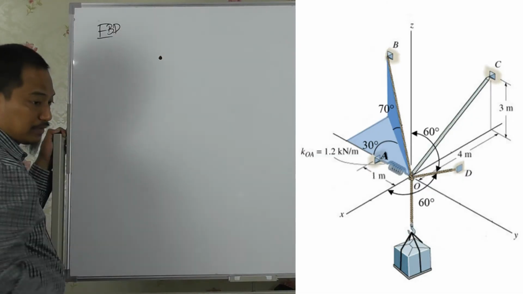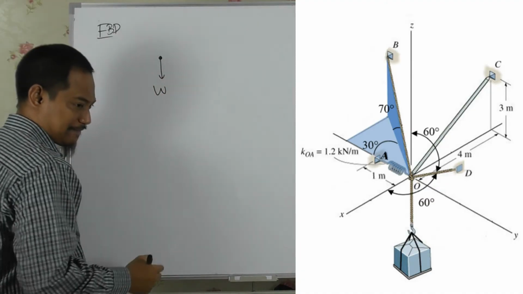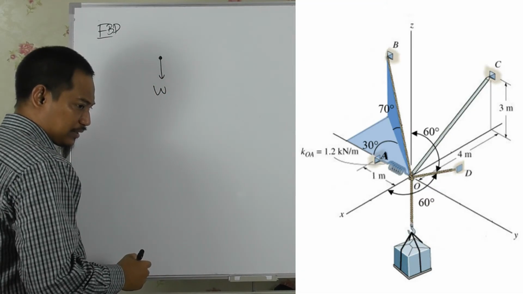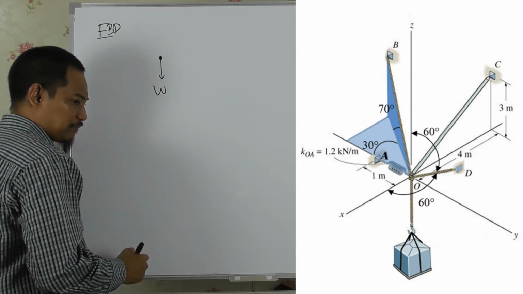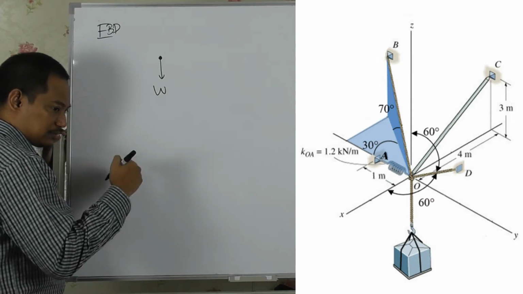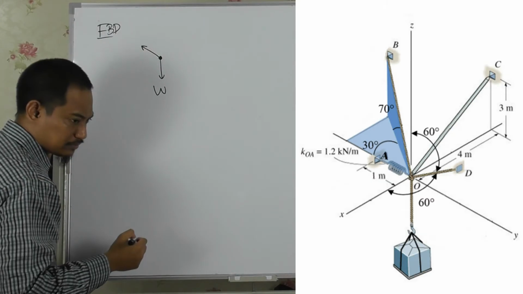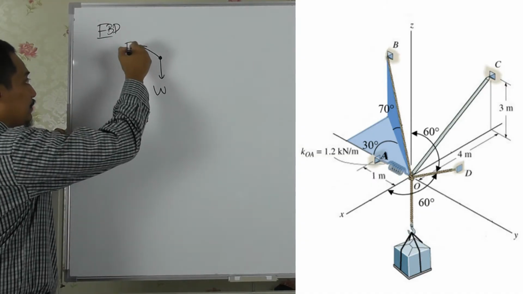Point O there. So we have the weight W going down. And then we have the force of the spring in the negative y, something like this, FOA.